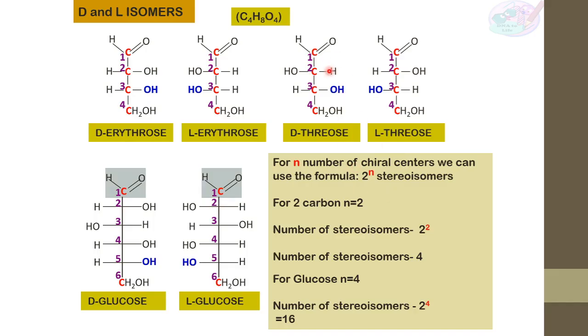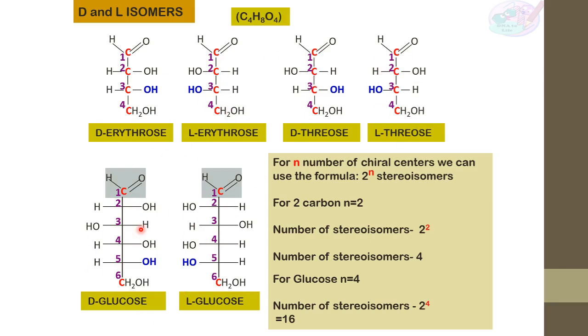So you can calculate the number of stereoisomers formed by this 4 carbon sugar. Since it has 2 chiral centers, you use the formula 2 to the power 2, you will get the value of 4. Whatever value you get for the number of stereoisomers, 50% will be of D form, like D-erythrose and D-threose, and 50% will be of L form, like L-erythrose and L-threose.